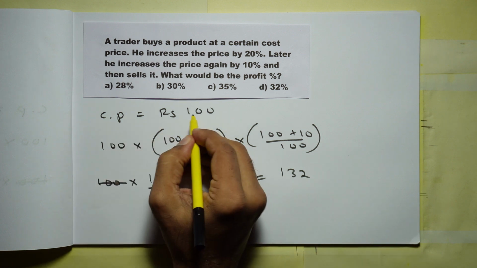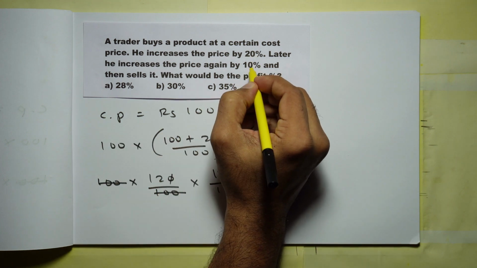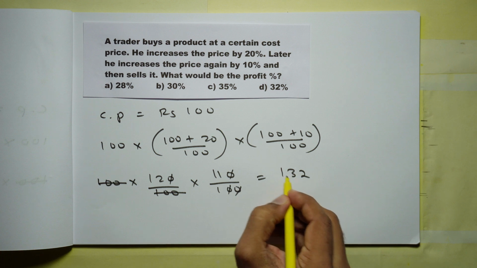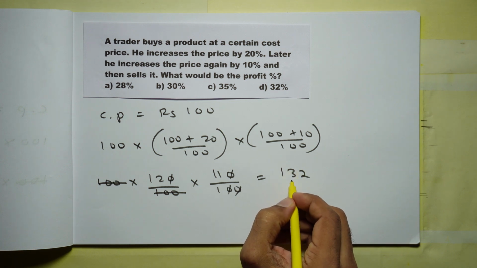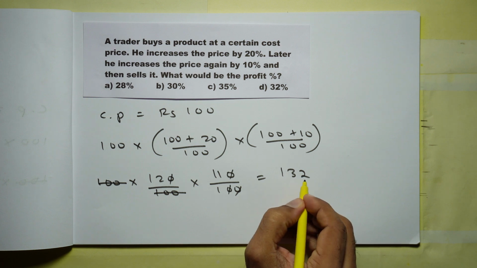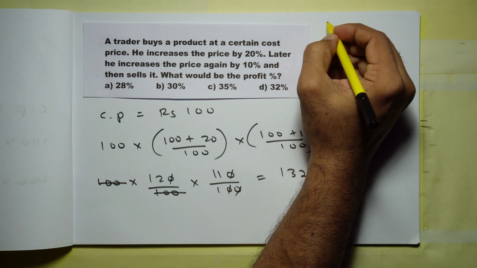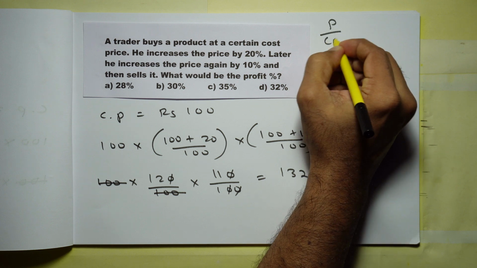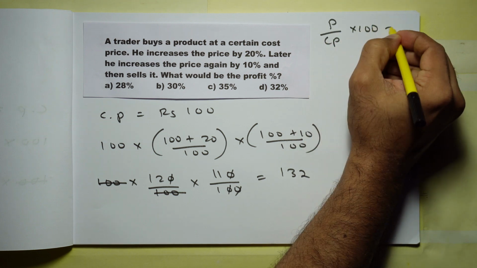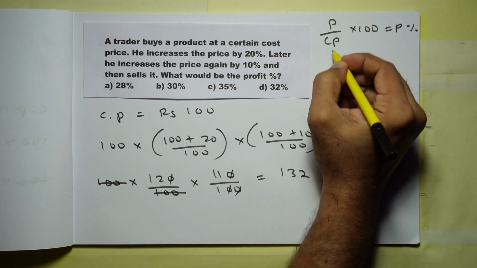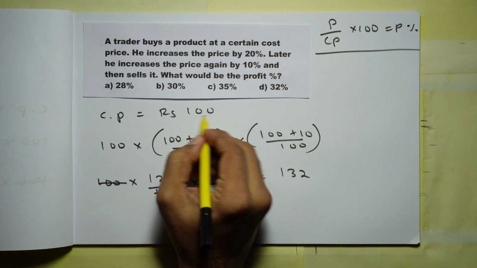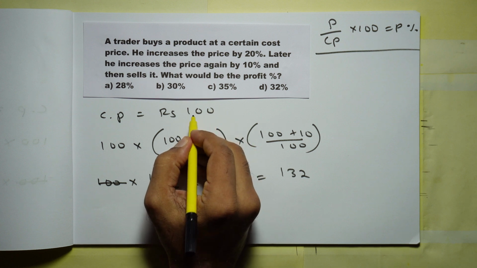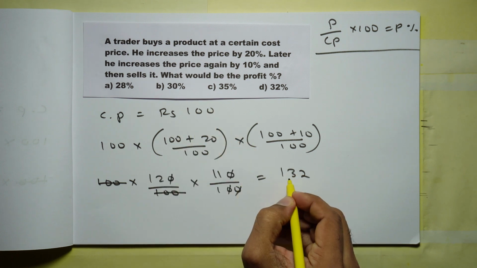So the initial cost price is 100 and after these two increases, the final value is 132, and he sells it at 132. Then what will be the profit percentage? We have the basic formula: profit out of CP into 100 gives you profit percentage. Here his cost price is 100, we have assumed it to be 100, and he is selling it at 132.